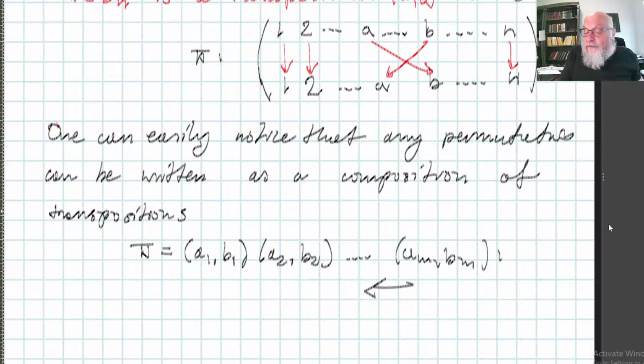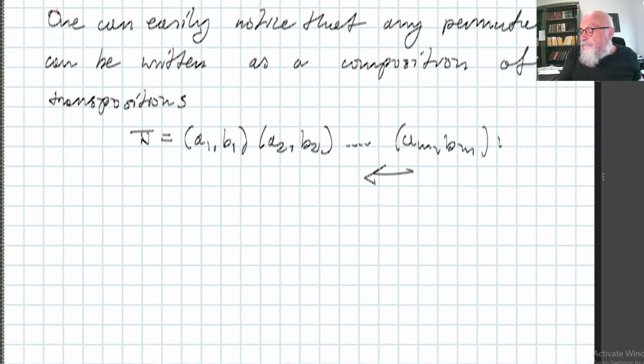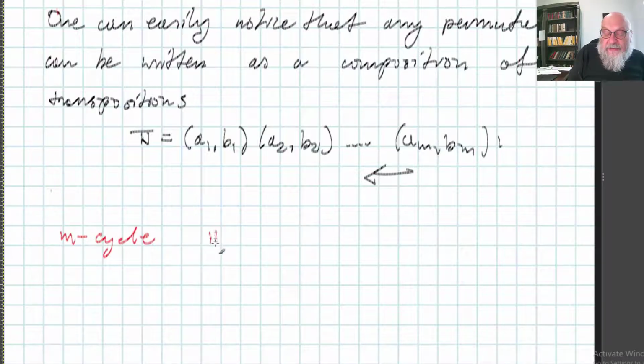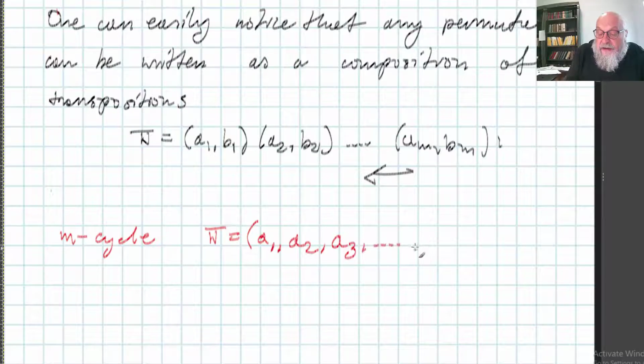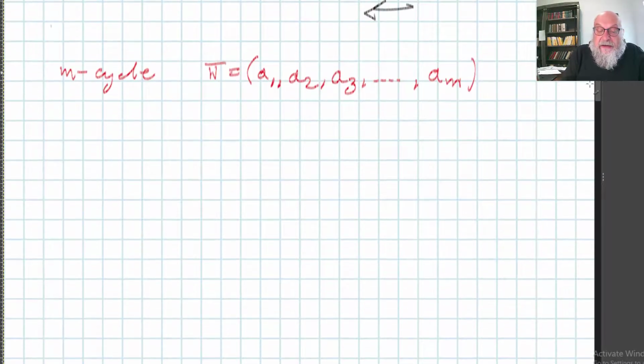And maybe also look that we have a special kind of permutations. Let's call it an M-cycle. So it's a permutation pi, which we denote using this notation: (A1 A2 A3 ... AM). How does it go?